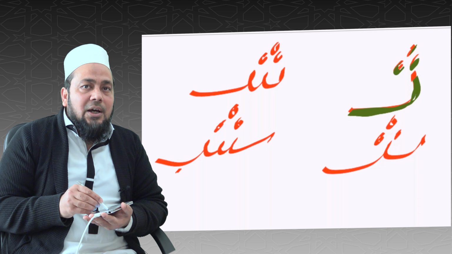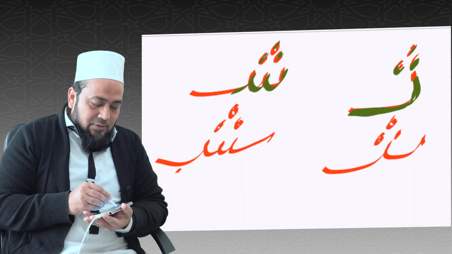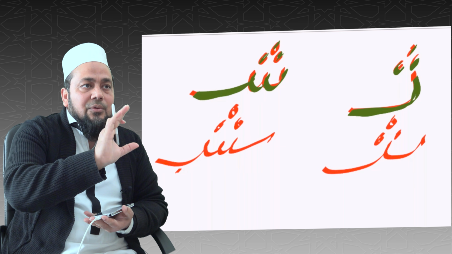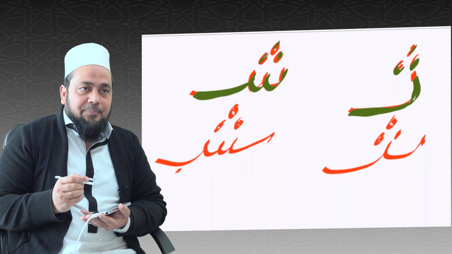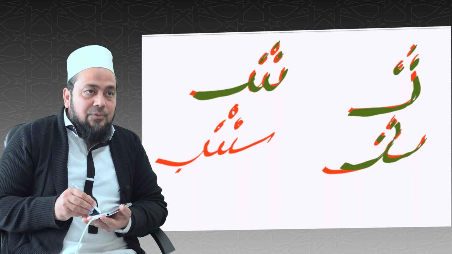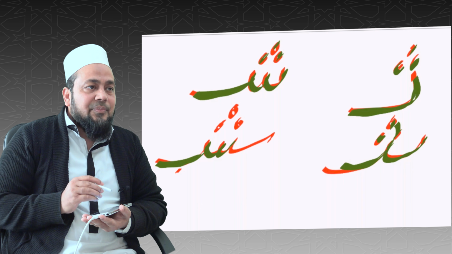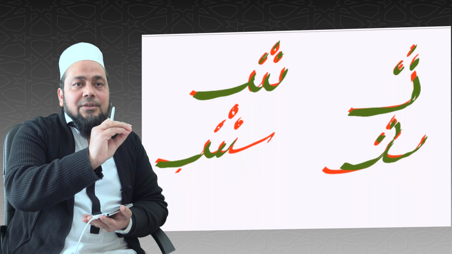You can see one line for Tha, and underneath the three dots, three lines, you can see three lines for Shin. Again, one line for Tha and three lines for Shin. This is a small thing.